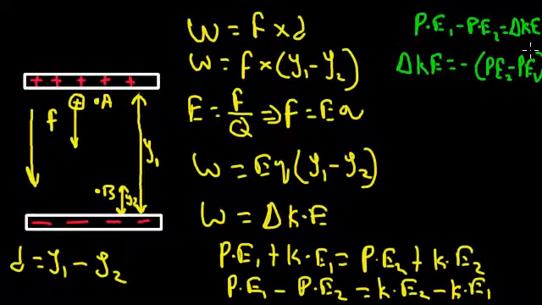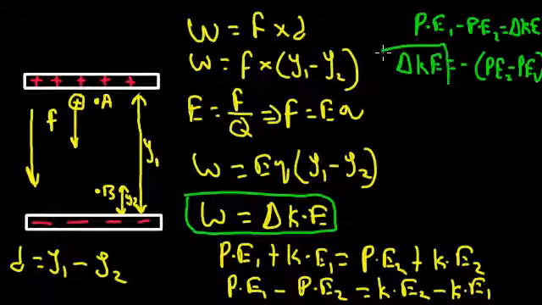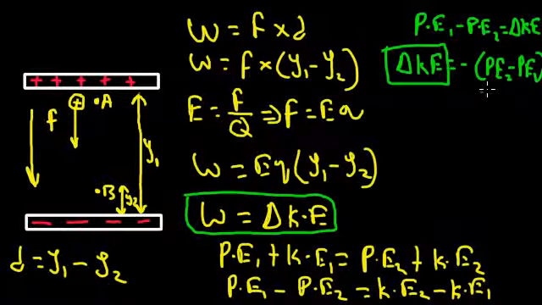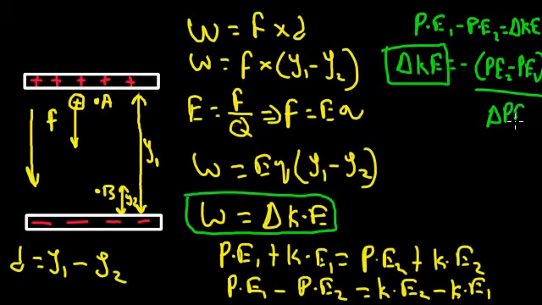Now you can see PE2 minus PE1 simply refers to the change in potential energy. Remember, we said that work done is equal to change in kinetic energy. It means instead of having change in kinetic energy, we can have work done. Also, instead of PE2 minus PE1, we can have change in potential energy.